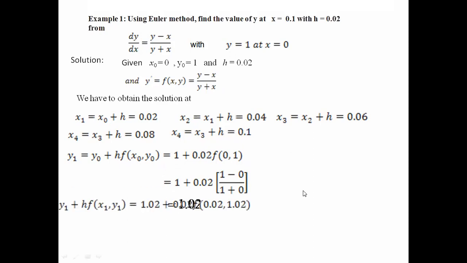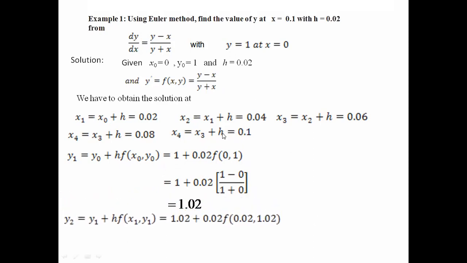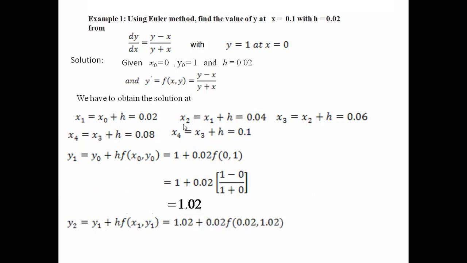Next, by knowing this, go to y2. Y2 means the solution at x2. That means we need y of 0.04. How to get it? The previous answer we denoted by y1, plus h into f of x1, y1. This represents the slope here.